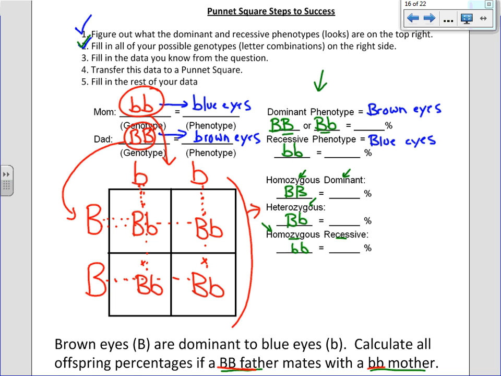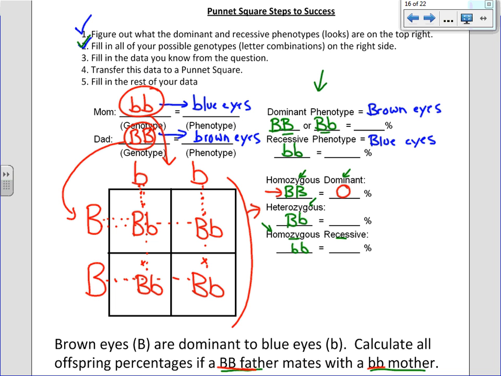Of the 4 possible options, how many of those 4 are big B, big B? Hopefully you realize that none of those are big B, big B. So the probability of having a homozygous dominant child is 0, because none of our 4 squares are big B, big B.